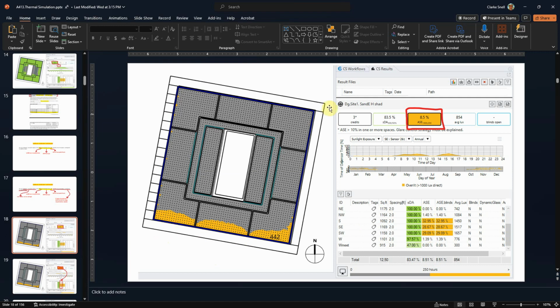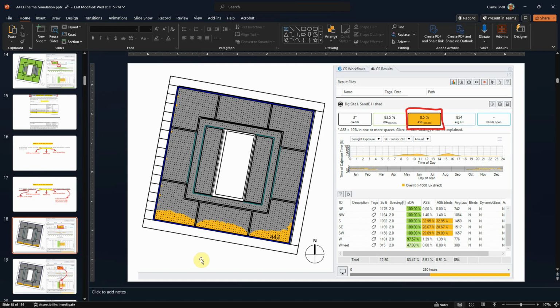Now, you'll notice right now that we still have our 3 points of credit in this output from Climate Studio. That's because we may actually want more than 10% ASE in a room. For example, if we had a greenhouse, we would want way more than 10%. We'd want a lot of light in there, right?